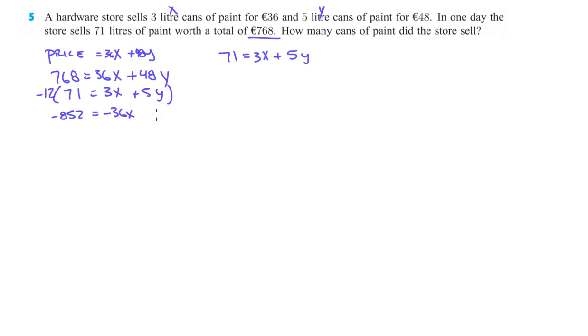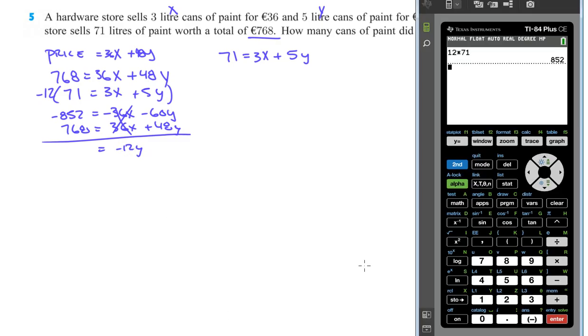Negative 12 times 5 is negative 60y. That's this equation here, all multiplied by negative 12. I'm going to move this one down here to 768 equals 36x plus 48y. Now we add these two together, and that gives us negative 12y here.